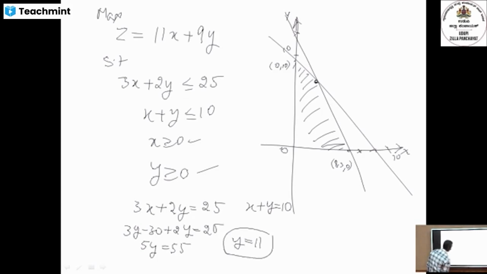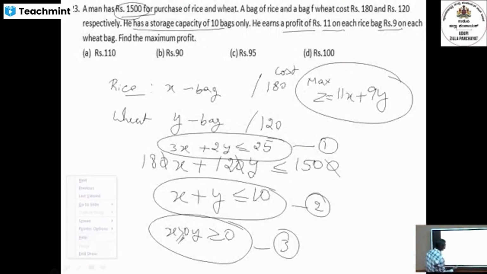But I think there is an error; with the non-negative conditions, y equal to 11 is not possible.